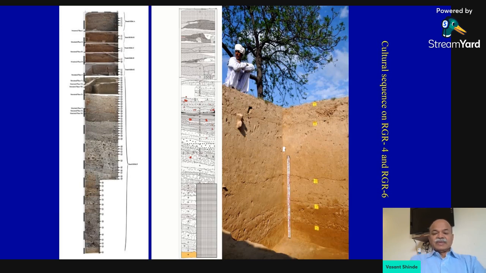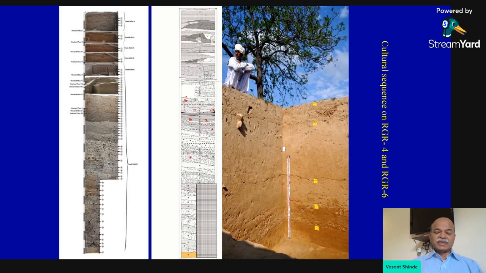Then we were also interested to understand the history of the site. It is very important that before the excavation, one needs to understand the complete sequence and the history of the site. So there we took one trench on mound number 4, which is the thickest mound at the site of Rakhigarhi, on the highest point of the mound, and that trench was taken down up to the natural level.